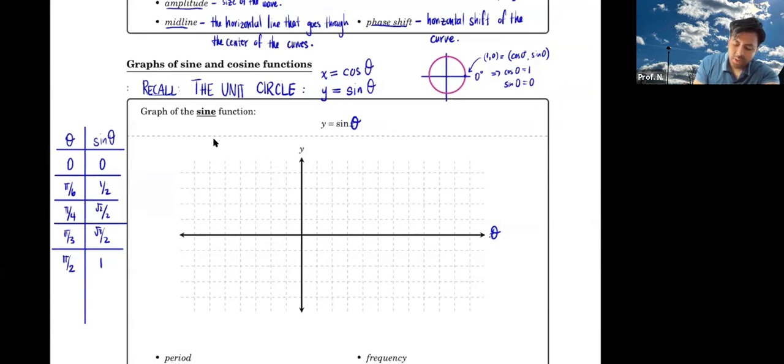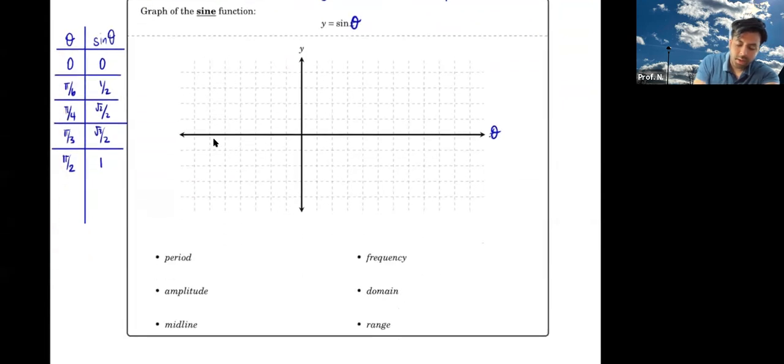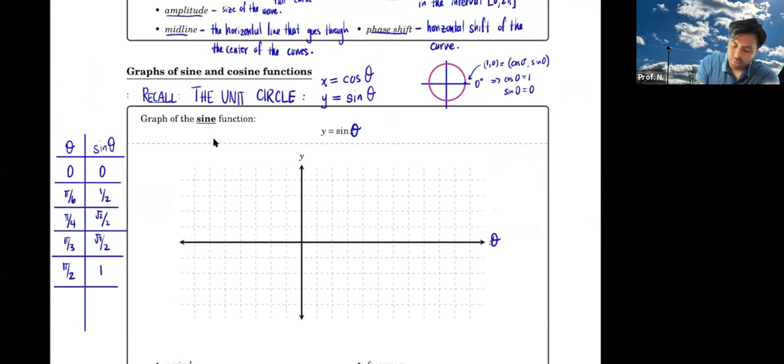And then what happens as you continue? So this here only talks about the first quadrant. What happens in the second quadrant? If we were to write all of this down, what would be the next corresponding angle? I'm going to go every 30 degrees.